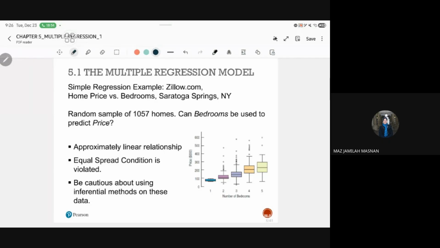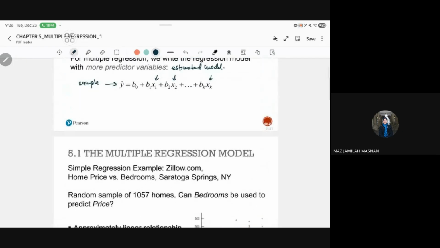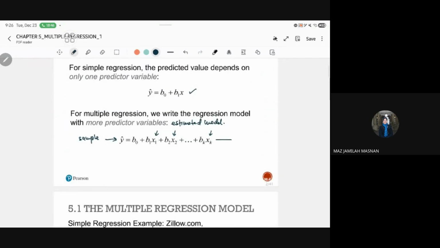If you have any problem along the way, please let me know and I will explain to you again. Okay, let us see. Based on this particular estimated model, you have one DV and multiple IVs.